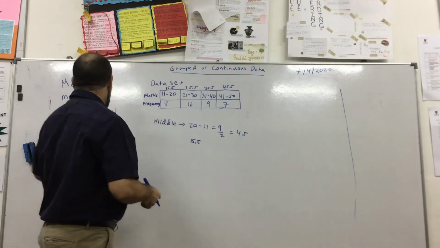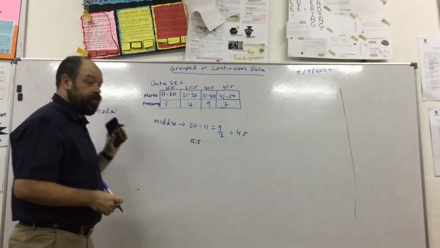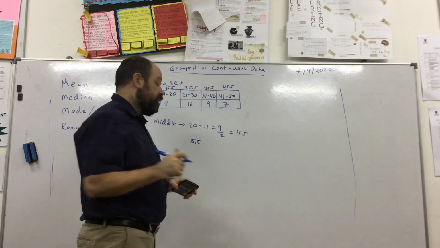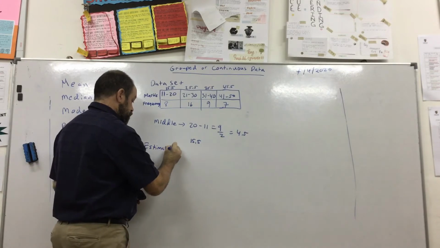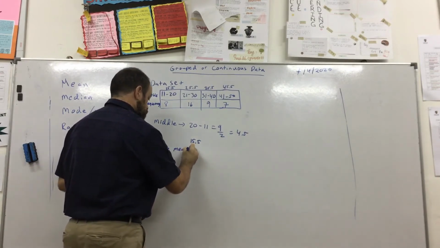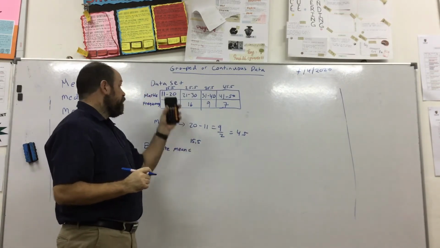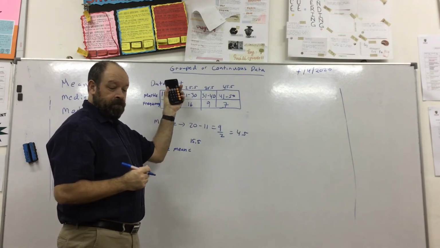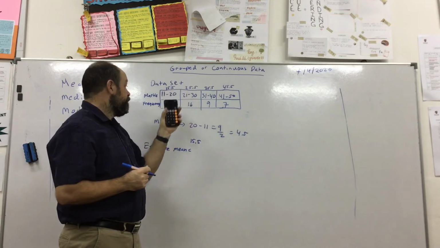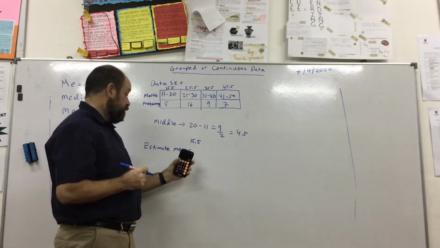Okay, so to find the mean, actually we're not even finding the mean, we're estimating the mean. So to estimate, we have to find the midpoint, and we have to multiply it by the frequency.